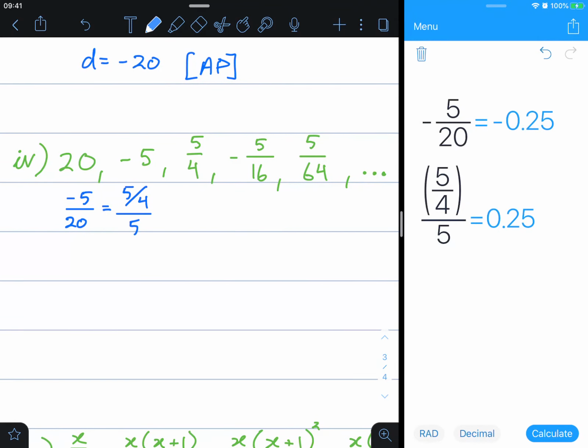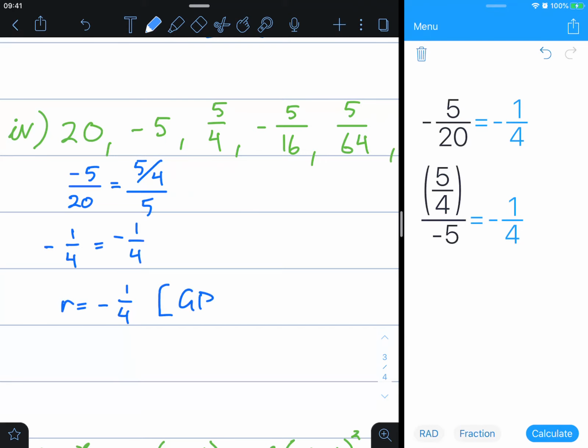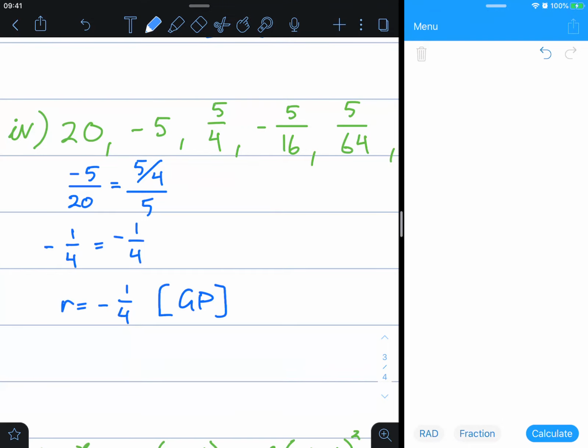Oops, sorry, negative 5 should have been. There we go. So we get negative, I'll leave this as a fraction, negative a quarter is equal to negative a quarter. Our ratio is negative 1/4. This is a geometric progression.